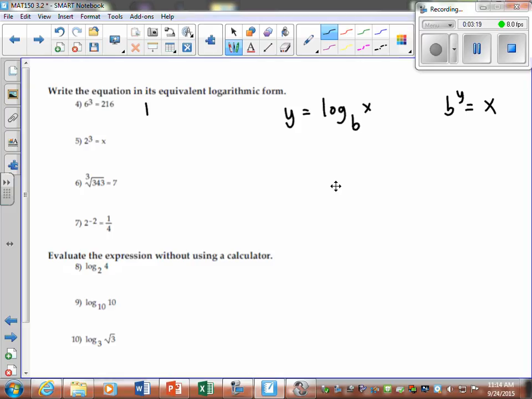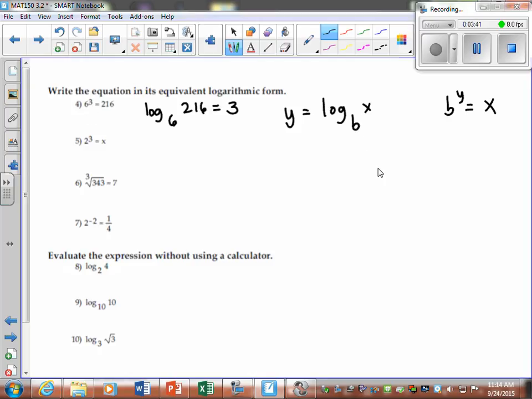This one's just going to be log base 6 of 216 is equal to 3. Let's make sure you transition that correctly. 6 is going to be the b, so that's why we want to make sure it's the b here.